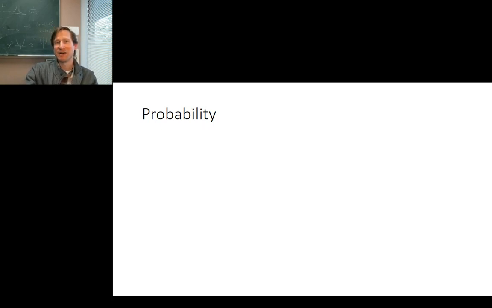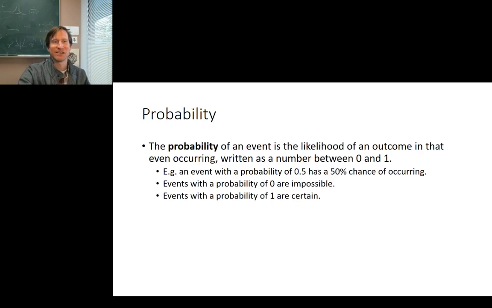Now that we know the basic terminology for talking about probability, let's see how you actually calculate some probabilities. But what is a probability? The probability of an event is the likelihood that an outcome in that event will occur, and it's given as a number between 0 and 1.